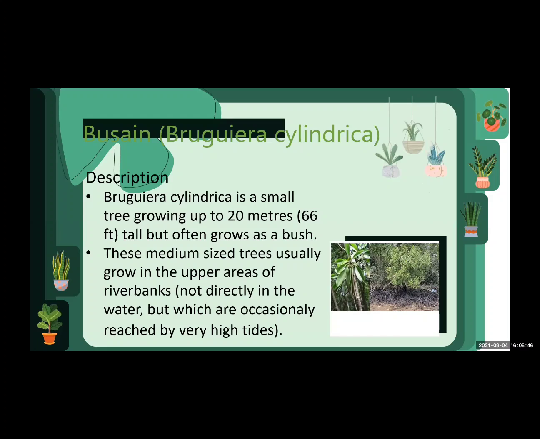These medium-sized trees usually grow in the upper areas of river banks, not directly in the water, but which are occasionally reached by very high tides. So when the sea has high tide, the water reaches it.